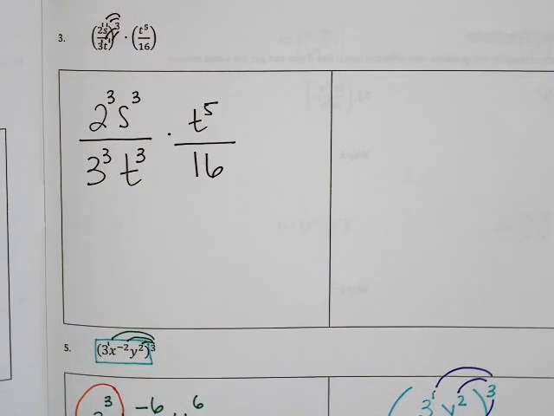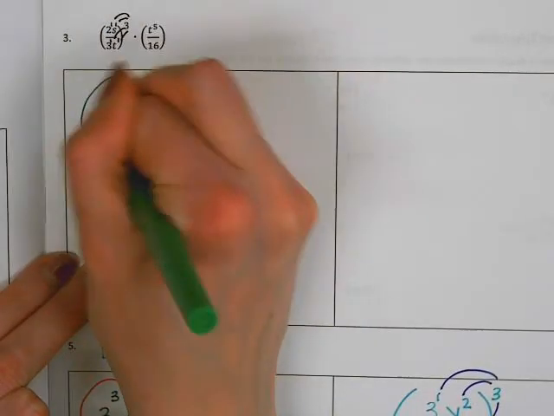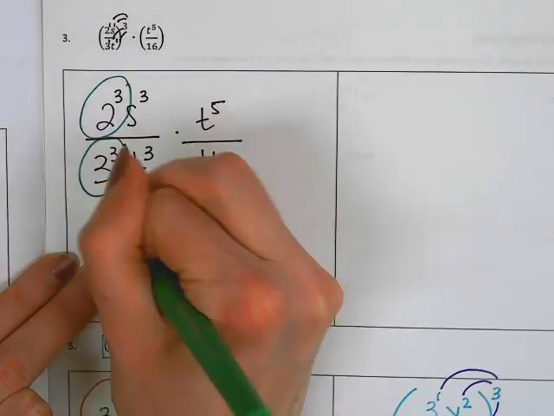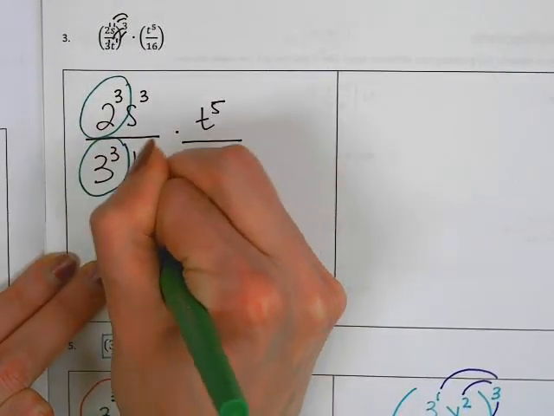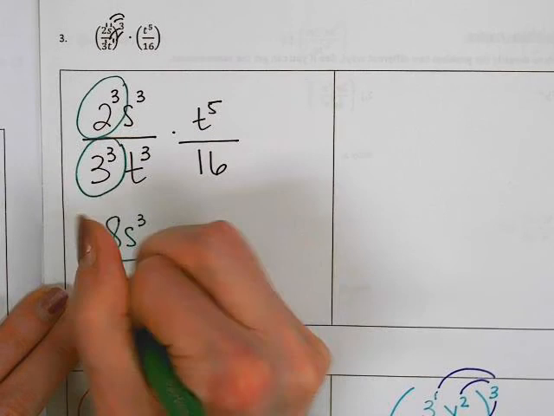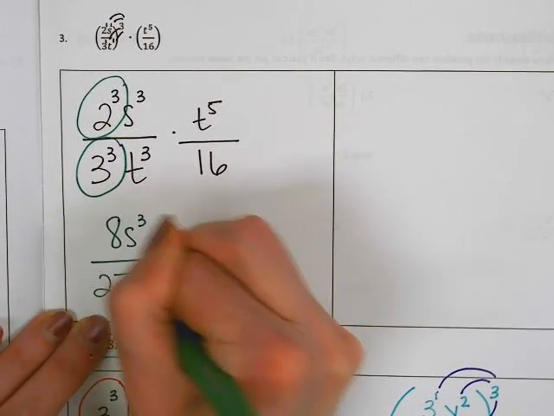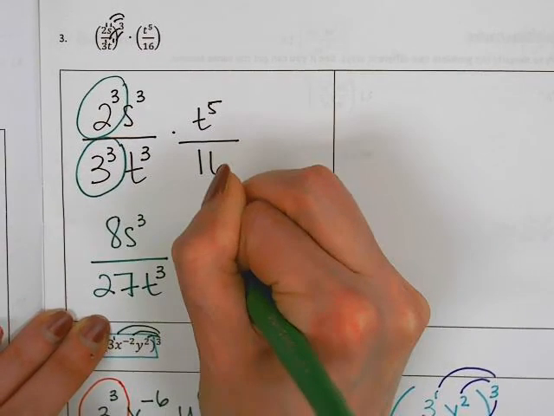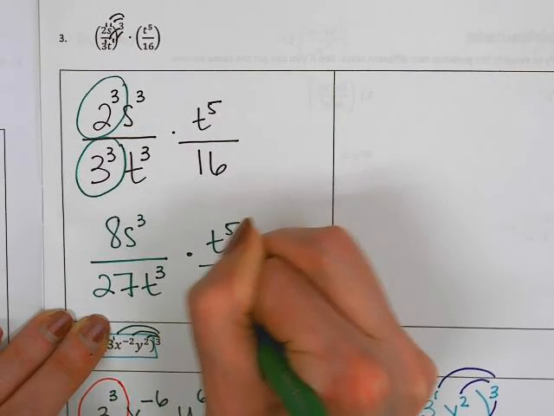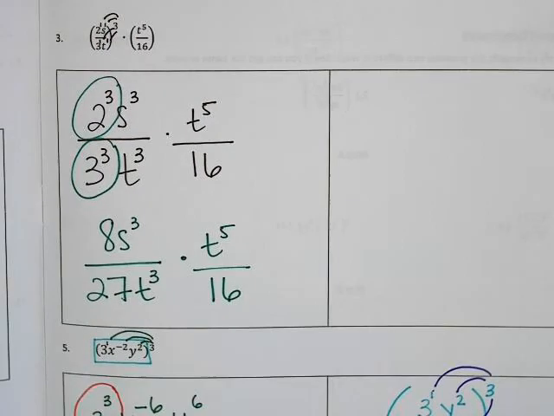And now, let's see, one way to do it would be to, well, let's evaluate these. So 2 to the third power is 8, s cubed, and 3 to the third power is 27, t cubed. And then I'm just going to copy it down. The next thing I would do would probably be to reduce.